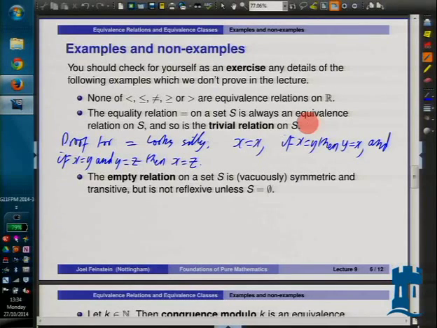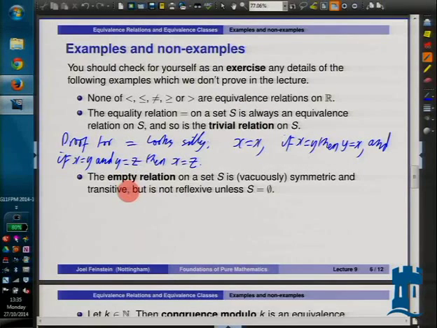So that one's true. And then you have to check transitivity, and the issue is x is always related to y and y is always related to z, so you've got to check a lot of x's and z's. But since all the x's and z's are related to each other, you're okay again. So the trivial relation, where everything's related to everything else, is a very boring one to check the conditions for. The empty relation, though, is the other way around.